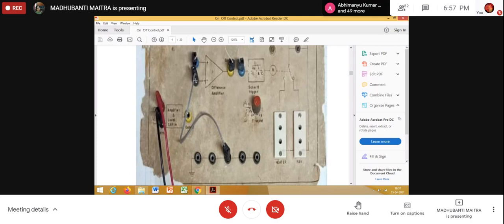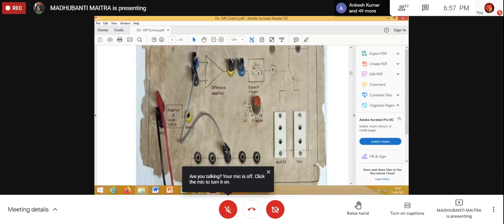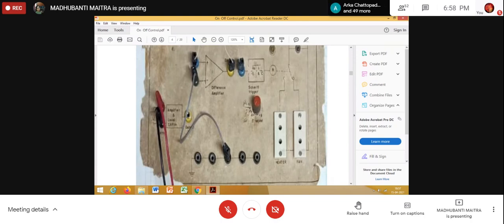Right now you see this second terminal, the non-inverting terminal, and this is the inverting terminal of this difference amplifier. Right now the inverting terminal is connected to the ground. So this is basically the connection for open loop configuration. Now when we go for closed loop control, we'll connect a patch cord from this point to this point. That means the output signal generated by the system will be given as the second input to this error detector.